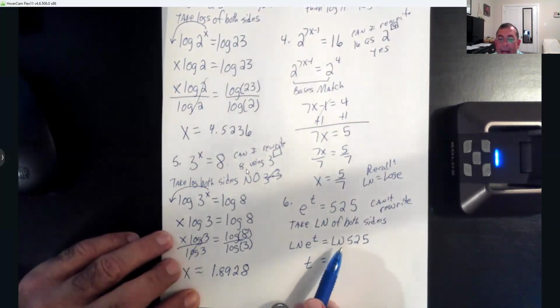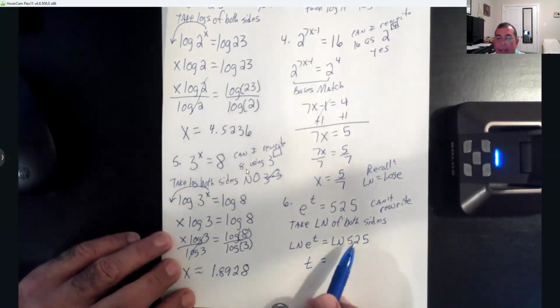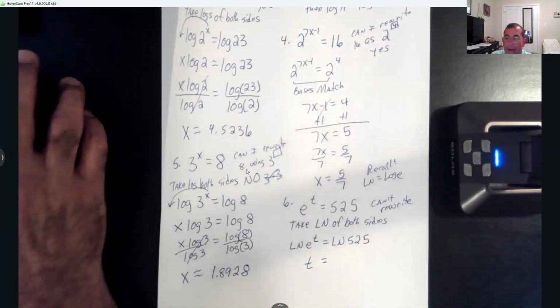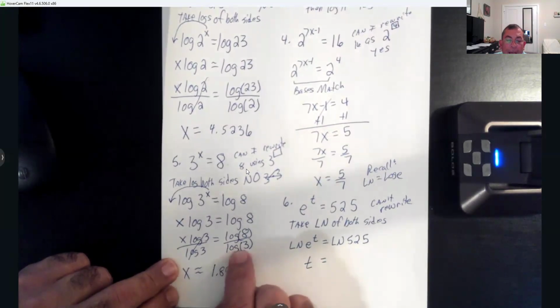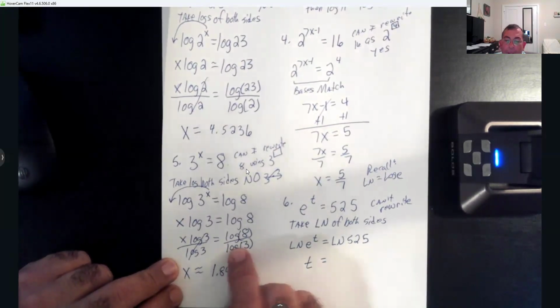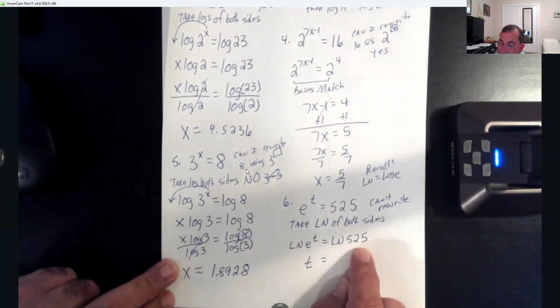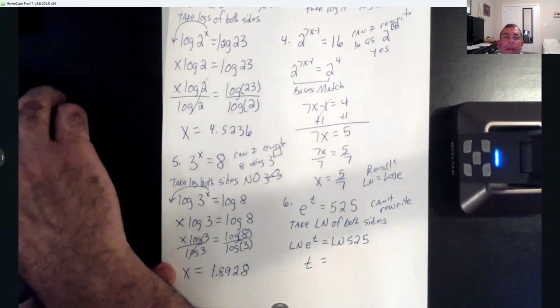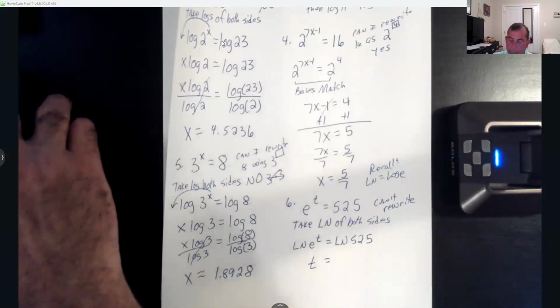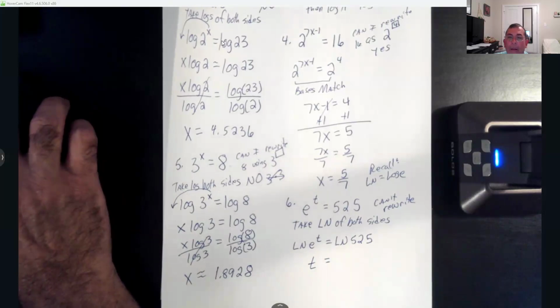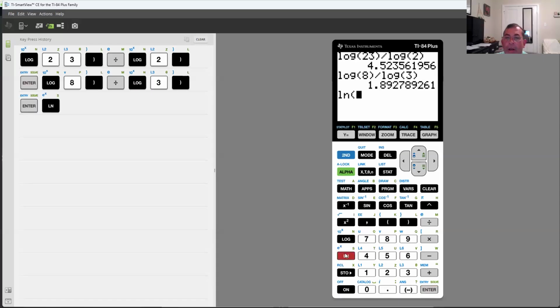Now, on the right side, I actually got to take the ln of the 525. But I like these a little better because the e sort of goes off and you don't have to do the dividing part. You just actually got to take the ln of the 525. So y'all will go to our calculator. All right, ln's on the front.